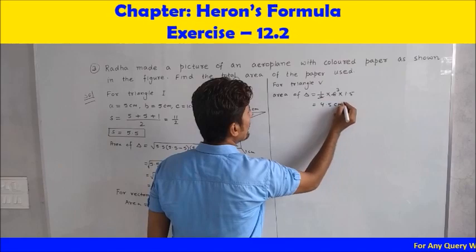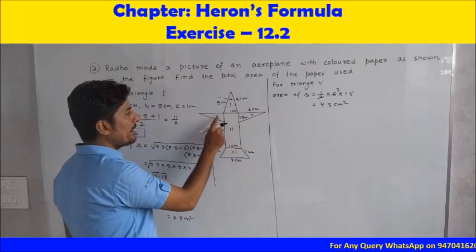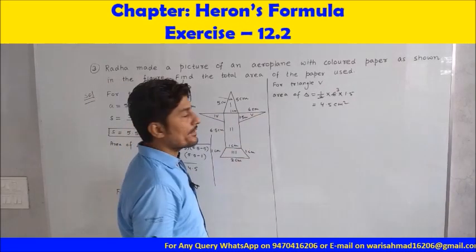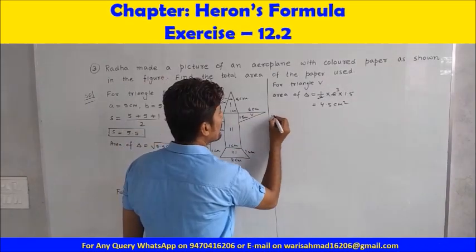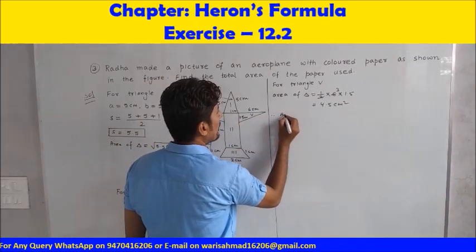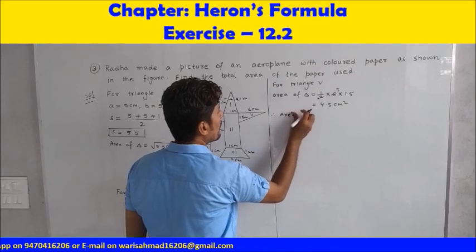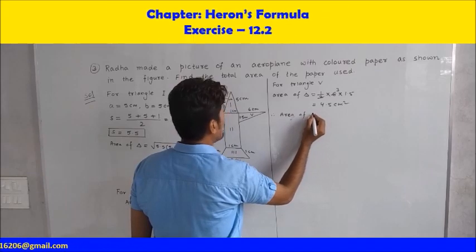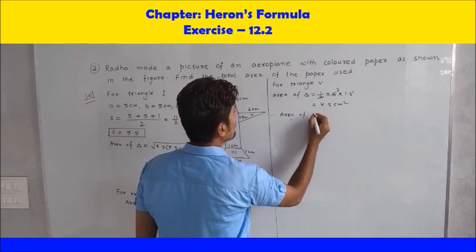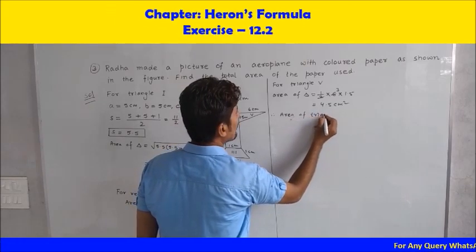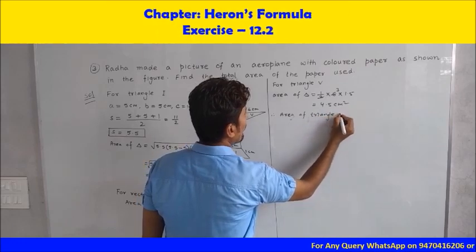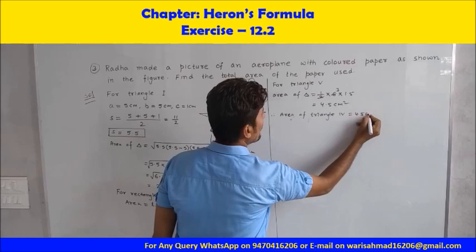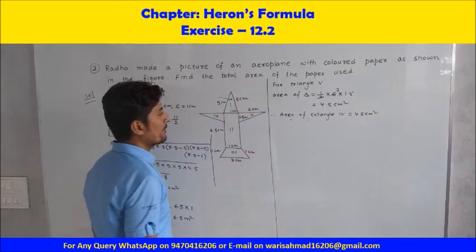That gives 4.5 centimeter square. Similarly, area of triangle 4 will also be equal to 4.5 centimeter square.